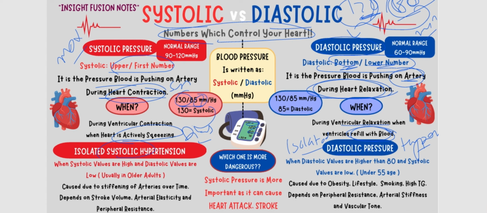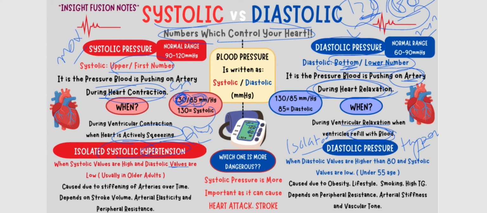When the systolic value is higher and the diastolic value is relatively low, it is considered isolated systolic hypertension. What is hypertension? When the blood pressure is very high, above the normal range.